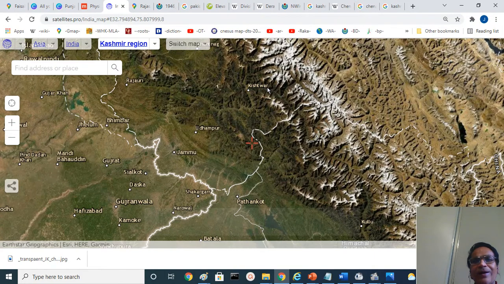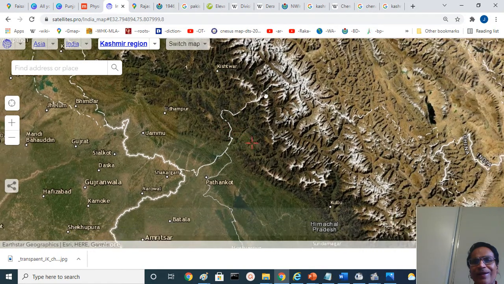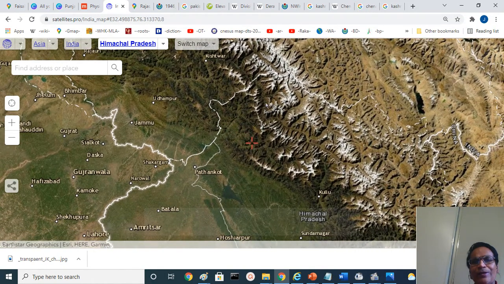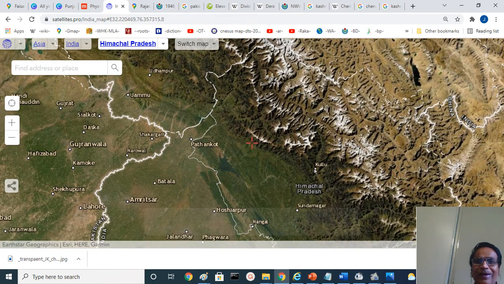Chenab, Kishtwar, and this valley enters into the Himachal region, and you can see the river, this will be somewhere at a town called Keylong in the valley here, and you can see here this is the Chandra River, and this is the Bhaga River. There will be Tandi and Keylong here. This is across the Himalayas, called Trans-Himalaya. Rohtang Pass here, and you see the beautiful Kullu Valley, and Kullu, Manali, and so on.